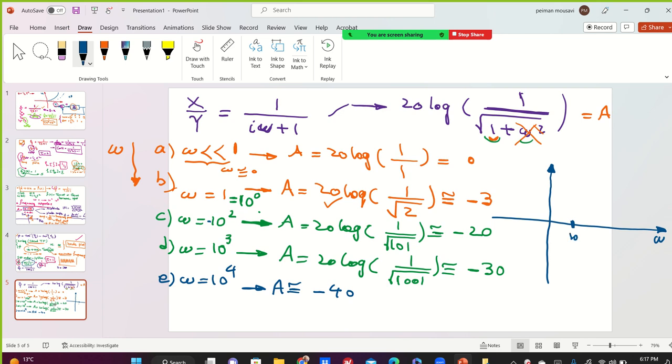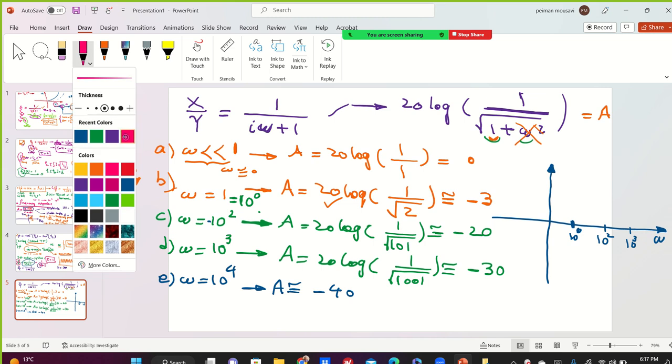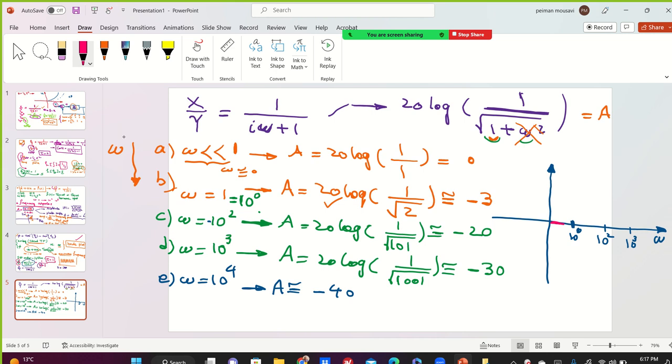Let me say 10 to the power of 0 means 1, 10 to the power of 2, 10 to the power of 3, okay? So bear with me. You see, for a small number, it is 0. Here is 0. And here is A. This axis is A, 20 log of that. Until omega is 1, it's going to be -3.